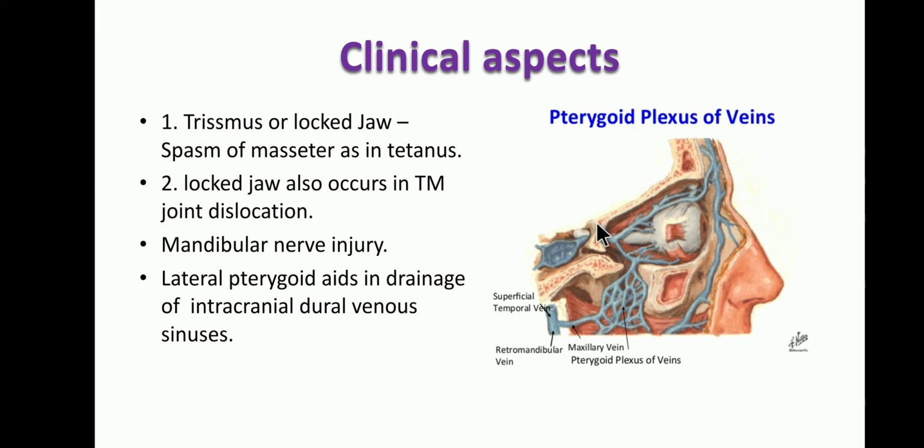This is one thing which the lateral pterygoid muscle does. That is why the lateral pterygoid is also considered the peripheral heart. One more peripheral heart is the soleus muscle, which we have discussed in the lower limb. That is all for today, and in the next class I will be discussing the other structures in the infratemporal region, mainly your mandibular nerve and otic ganglion.